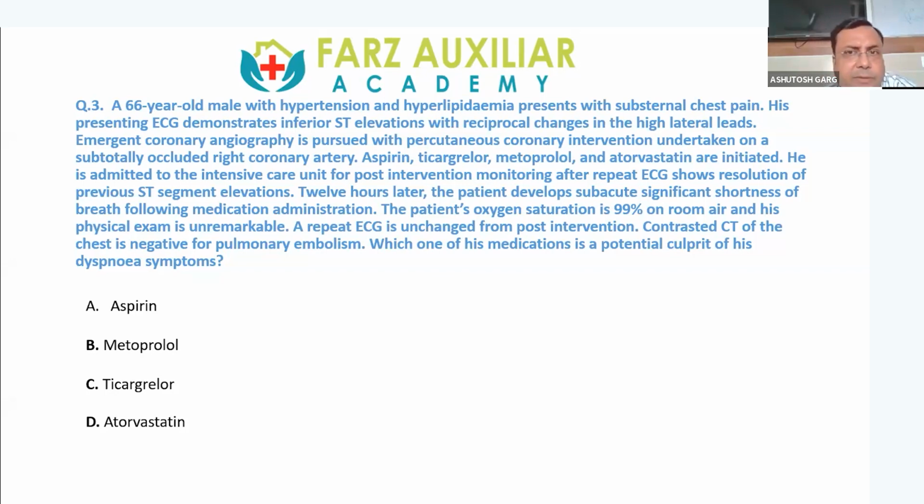So ST elevation with reciprocal changes, MI. ST elevation without reciprocal changes, especially in a young male patient after exertion, like in the gym or weightlifting, most probably the correct option will be BER, benign early repolarization.